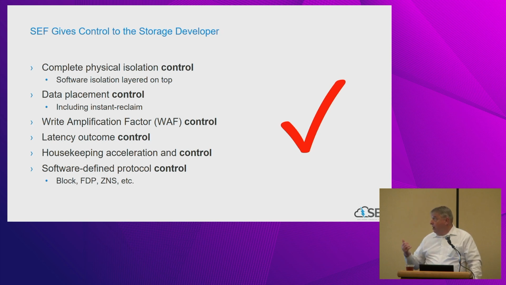Okay? Write amplification, I'll have an example of this, but the big desire is to get down to a write amplification factor equals 1, right? We've heard about this from the ZNS guys, that's their target. We've heard about it from the FDP guys, that's their target. It's a great target for us all to get to.